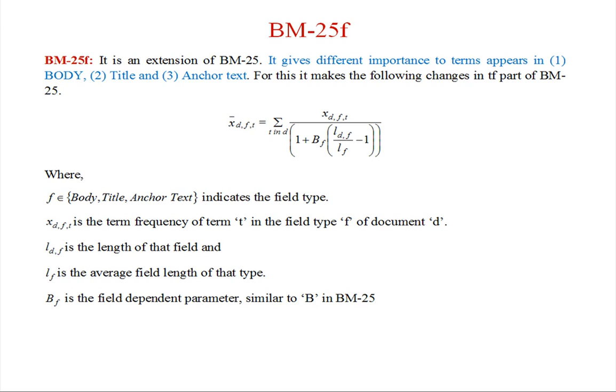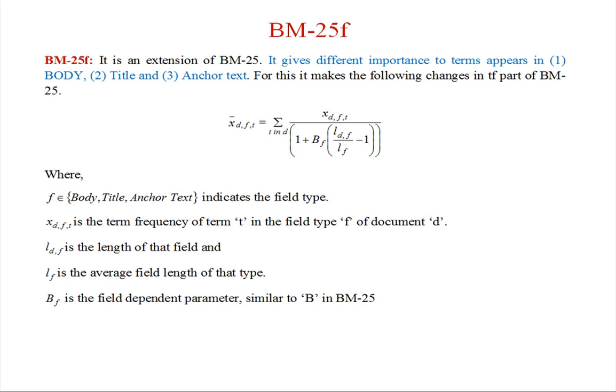The document's first paragraph may be most important, or the document's subtitle may be more important than the simple body text. So to give different importance to such parts of the document, the BM25F model was developed.